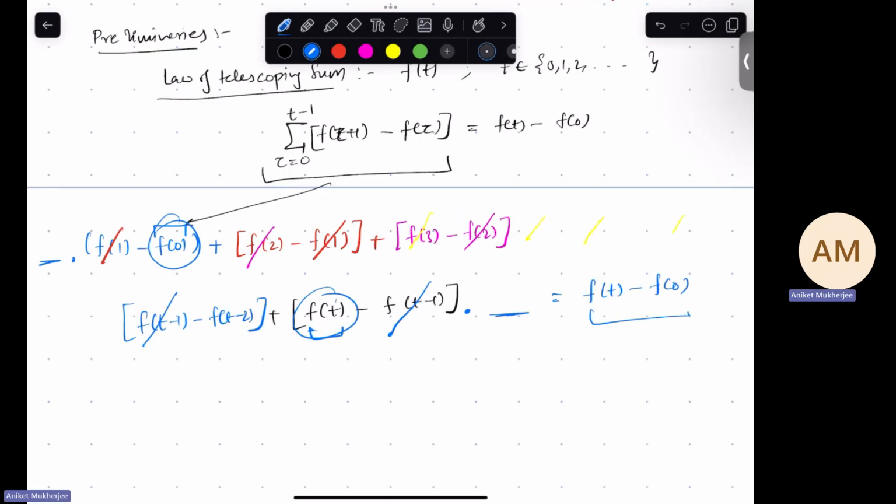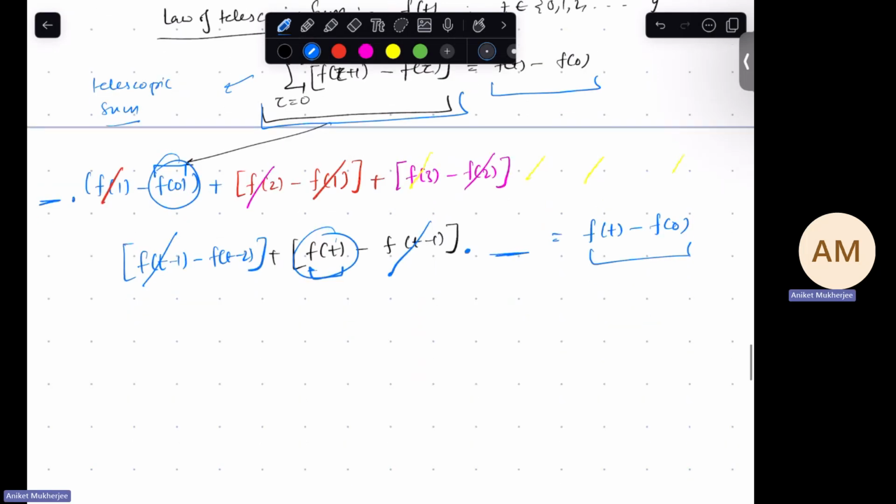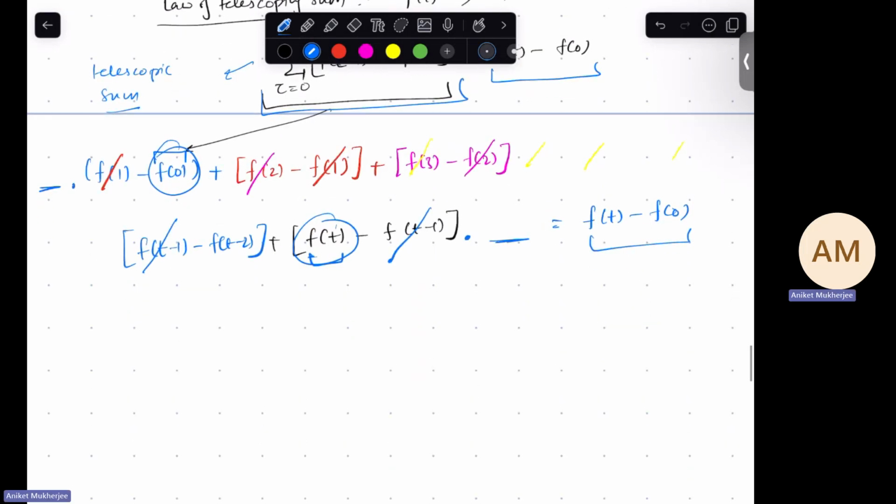So this is your telescopic sum, right? If you have a telescopic sum, then it is just equal to the difference between the last term and the first term.